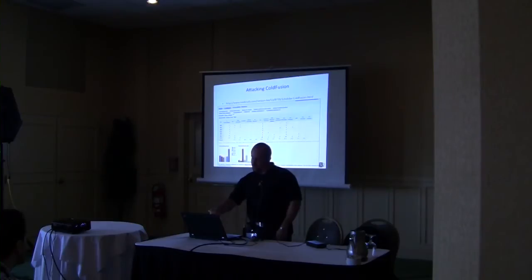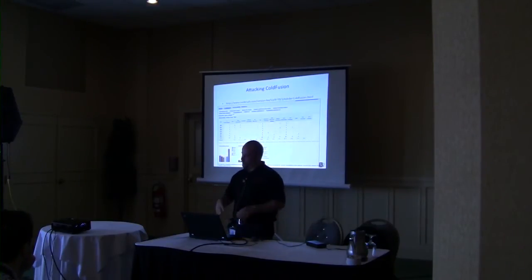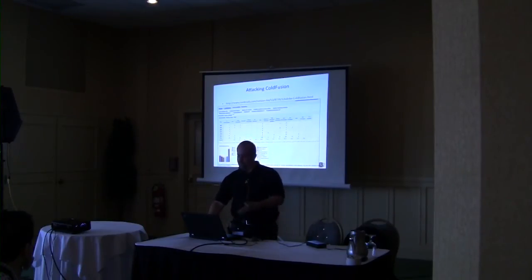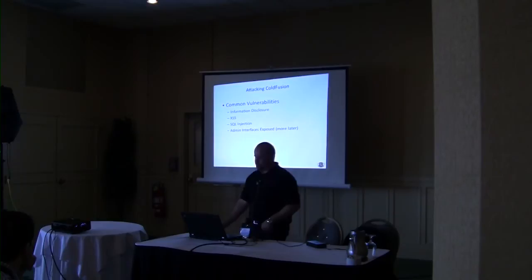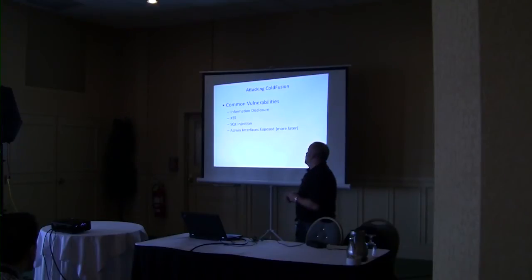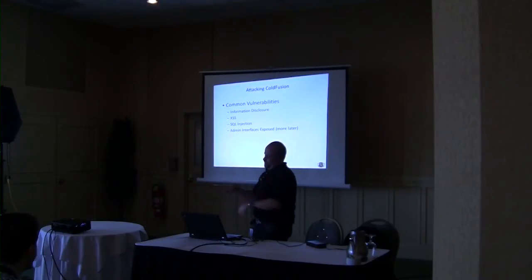I think it says 2 for code execution. I'm going to show that you can actually use a bunch of little things to equal code execution in ColdFusion. That's the idea of the talk. So, common vulns that you'll run into: information disclosure is really, really prevalent. Cross-site scripting and SQL injection are common, and admin interfaces are exposed. I'll have a whole section on that later.